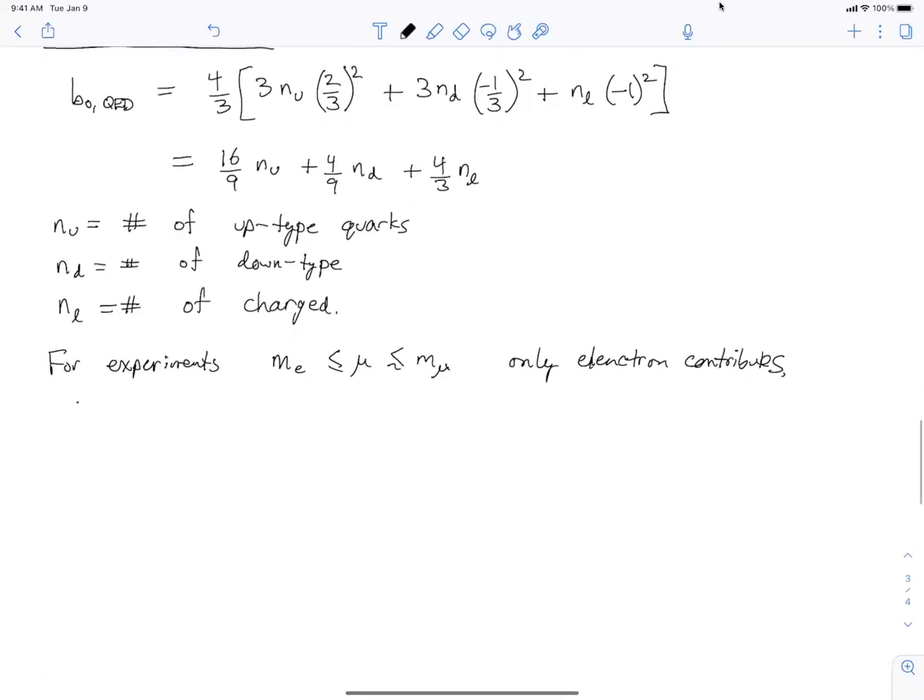Okay, and so B0 for electromagnetism is 4/3. And the renormalization group equation looks like this. This is the beta function for the electric charge. It's E cubed over 16 pi squared times 4/3, which is small, very small, and positive.